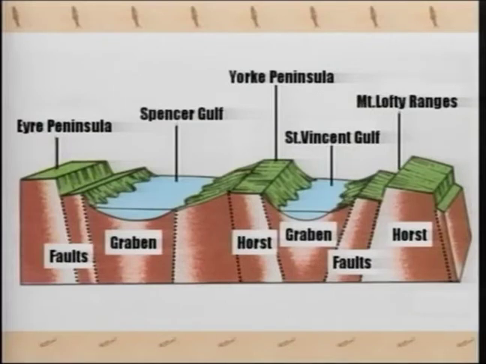Okay, before you start, this is another example now of that particular region again, the Gulf region in South Australia, and you look at some of those uplifted areas and the depressed areas along multiple faults.